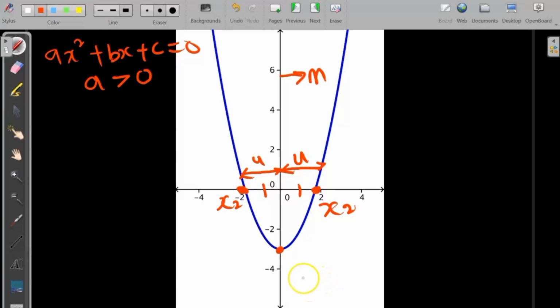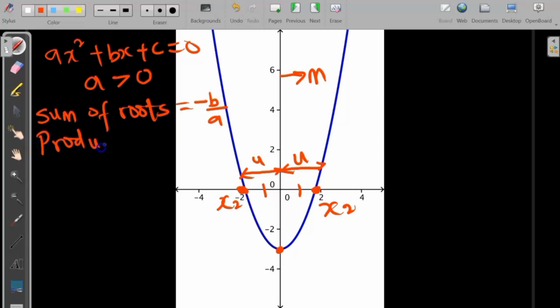I need you to remember something. The sum of roots of a quadratic equation is given as minus b over a, while the product of roots of a quadratic equation is given as c over a. x1 and x2 are the roots of the equation.